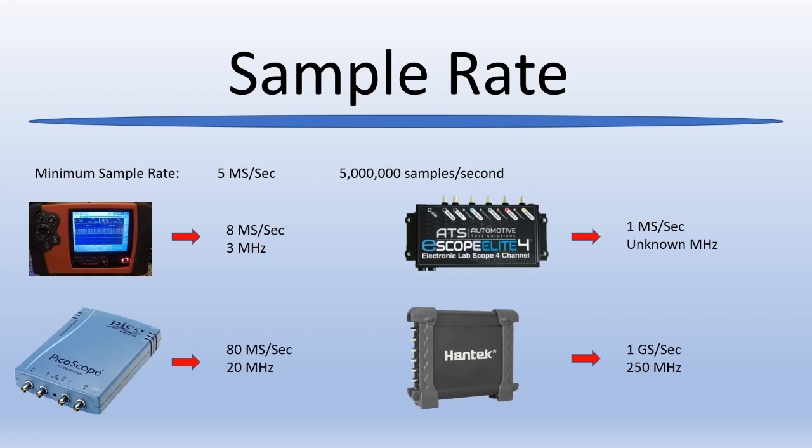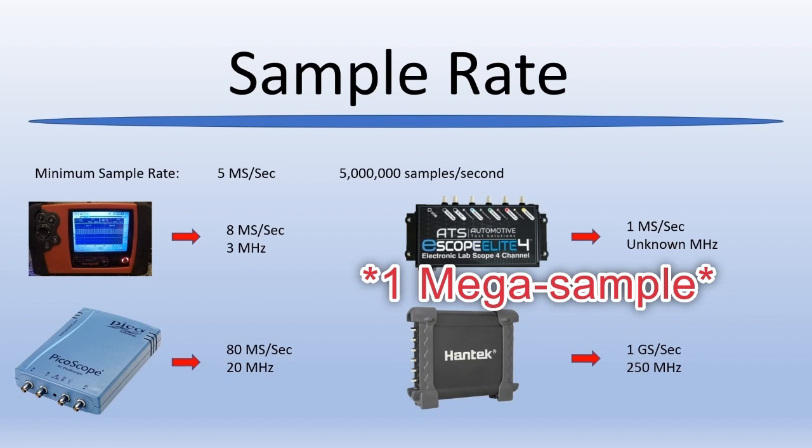A sample rate of 6 to 8 million per second, but they can get away with this because they cheat a little bit by having some of the best digital signal processing in the market. More on that in a few minutes. Pico automotive scopes have a bandwidth of 20 megahertz and sample rate at up to 80 million samples per second. The E-scope maxes out at 1 millisecond, and I could not find any bandwidth specs listed.